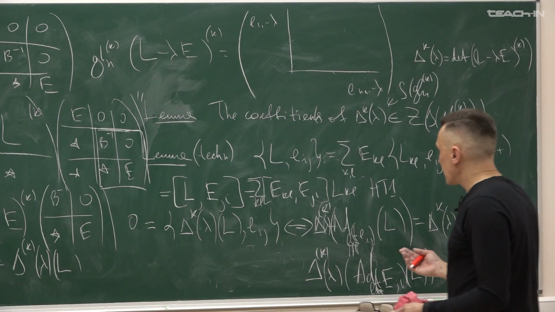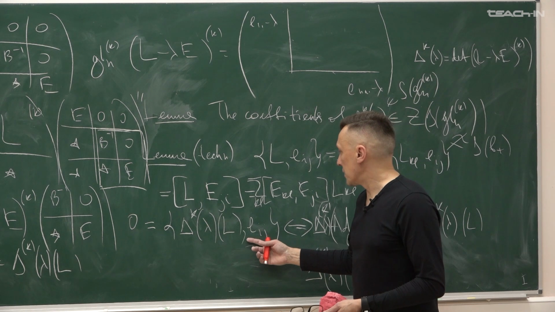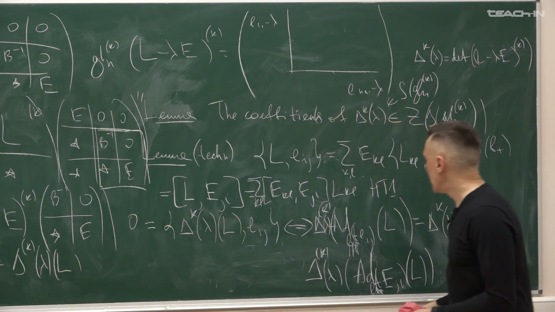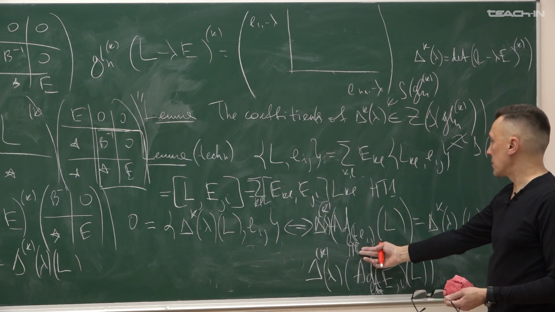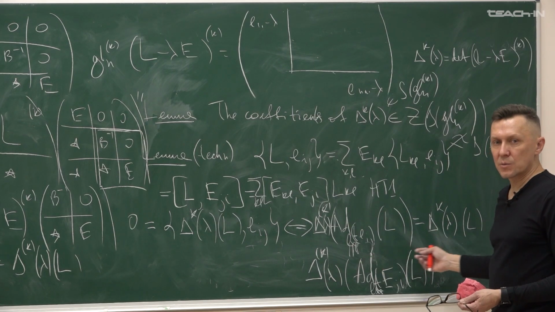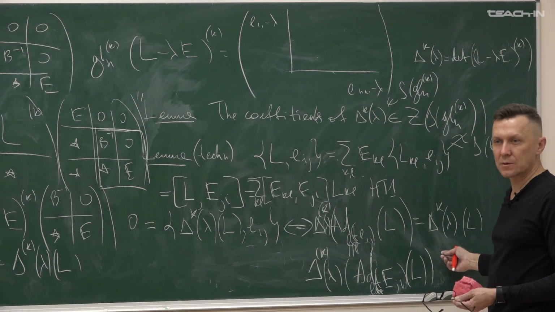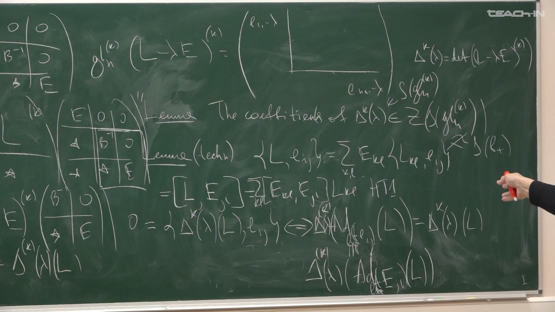Maybe a non-trivial thing is that if the action of the Lie algebra is 0, then the action of the exponential stabilizes the element. Is it evident or not evident? I can give you some comments about this.